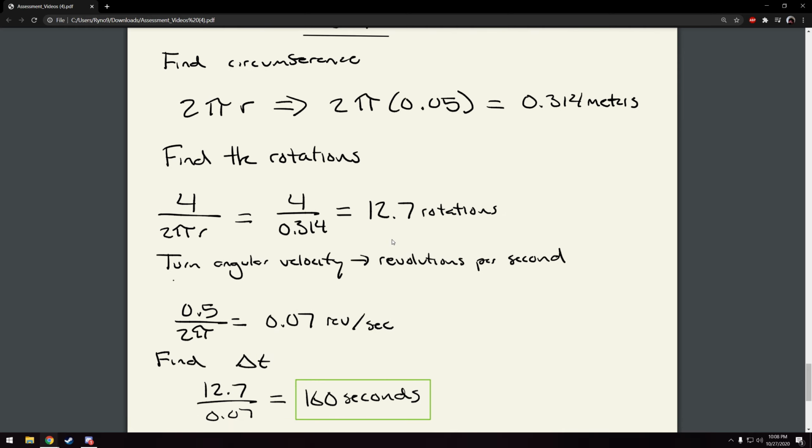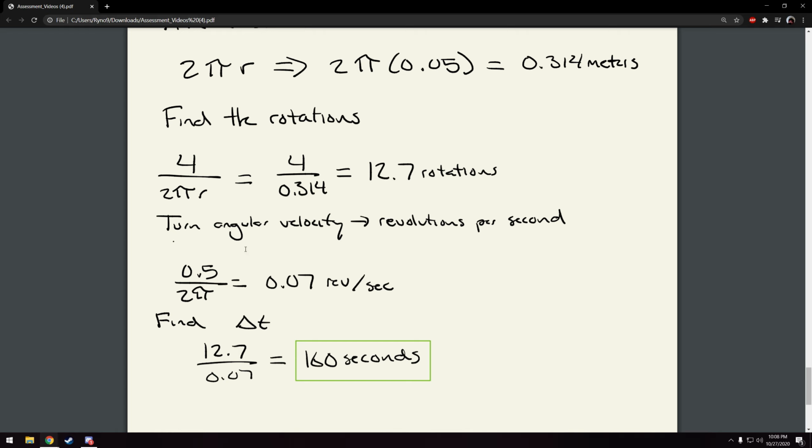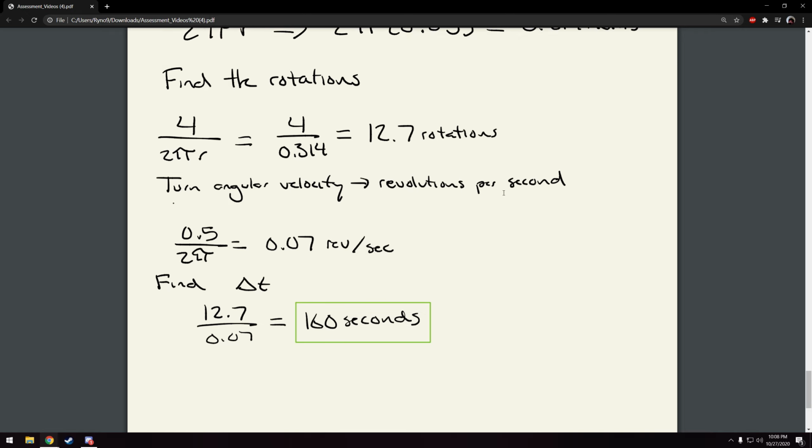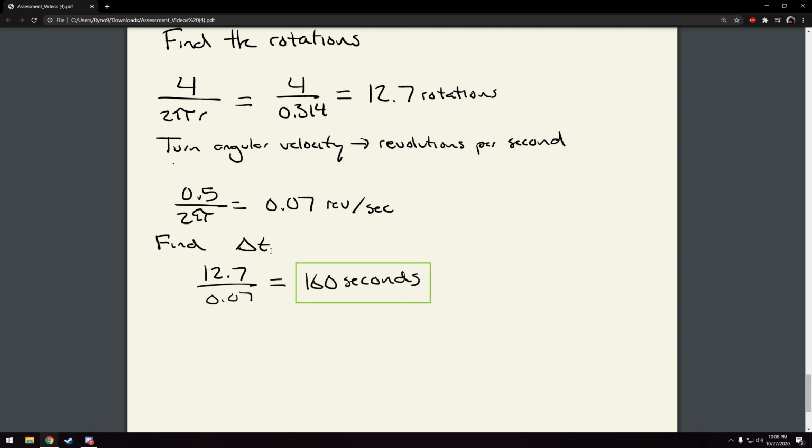Once we get that, we need to change our angular velocity of 0.5 rads per second into revolutions per second. The way we do that is by dividing this rads per second by 2 pi, which gives us 0.07 revolutions per second. Now that we have this revolutions per second and these rotations, and revolutions and rotations are used synonymously here, we can find our change in time.